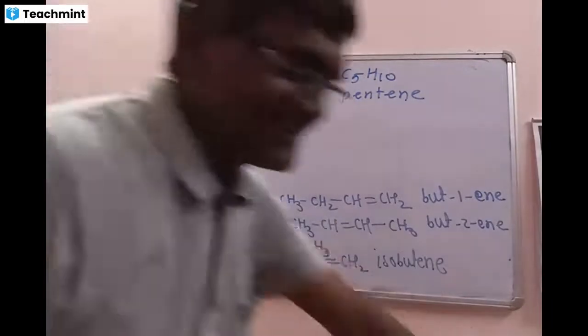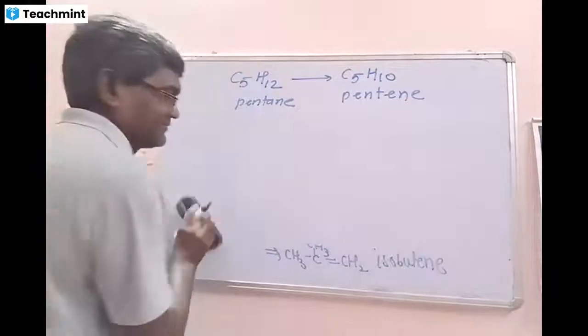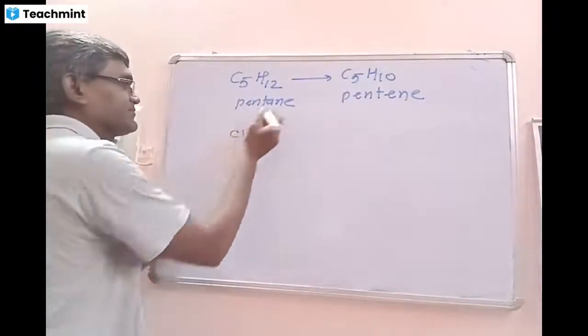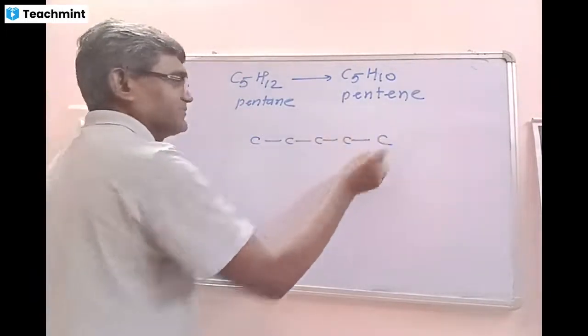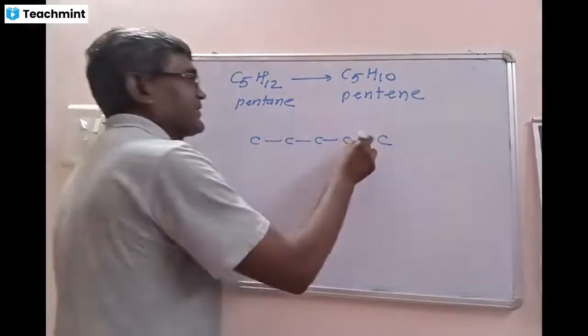Just two or three minutes I will continue. I will write like this: 1, 2, 3, 4 and 5. So where should I place the double bond? Just at the terminal.